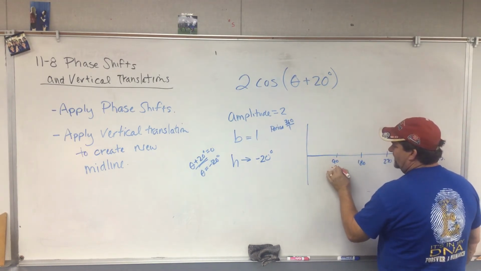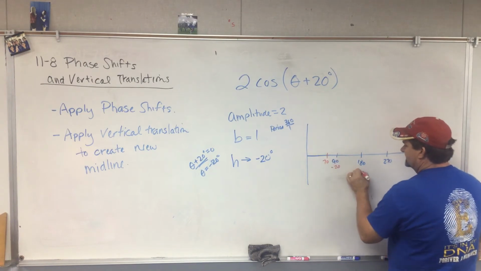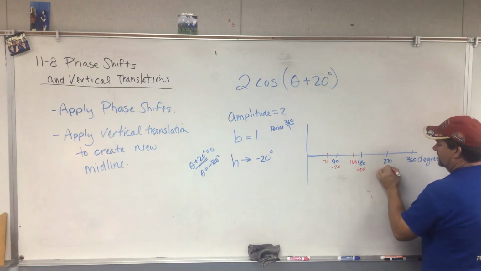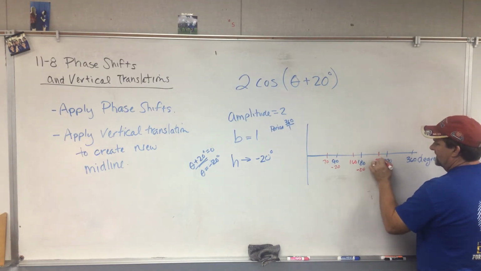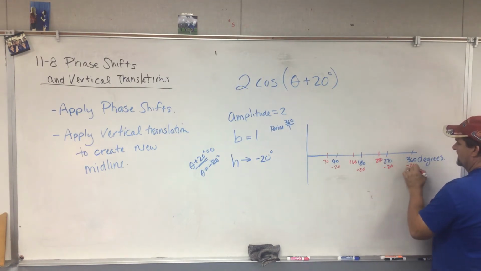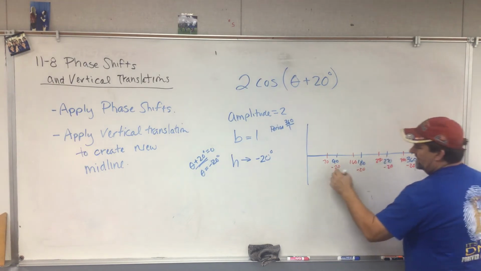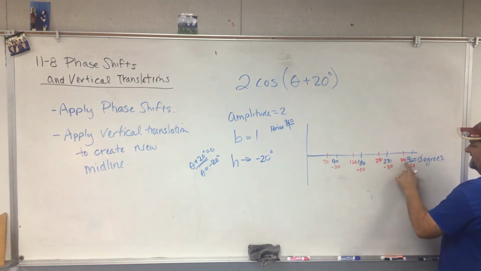So if I subtract 20, I get 70. Subtract 20, I get 160. Subtract 20, I get 250. Subtract 20, I get 340. So the red are my new ones, 70, 160, 250, 340.